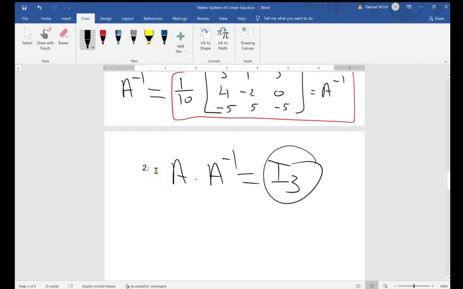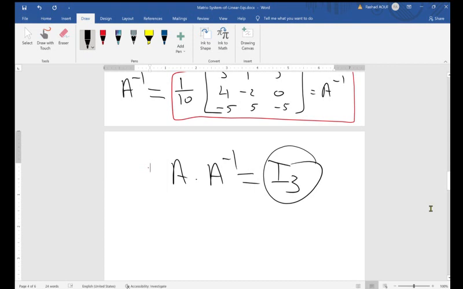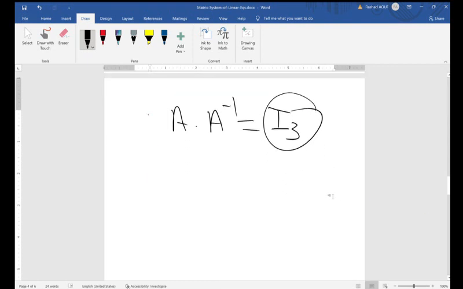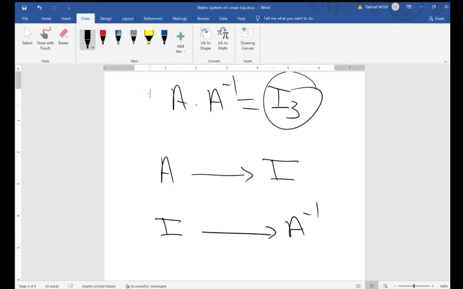So this is an example of how to find an inverse matrix using the Jordan method. I want just to give you a quick summary. Normally we give you a square matrix A. You go to the identity matrix I using some operations, then from I to A minus 1 use the same operations.